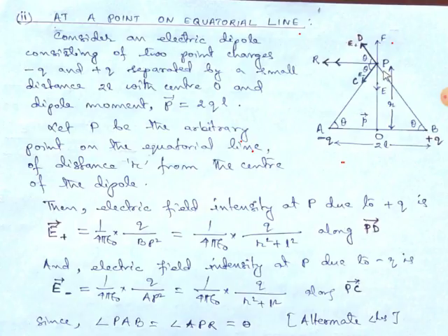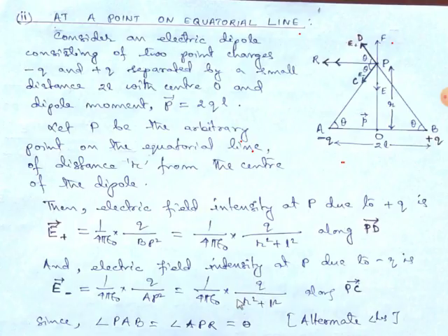Since AP and BP are equal, in the right triangle here also BP gives r square plus l square.